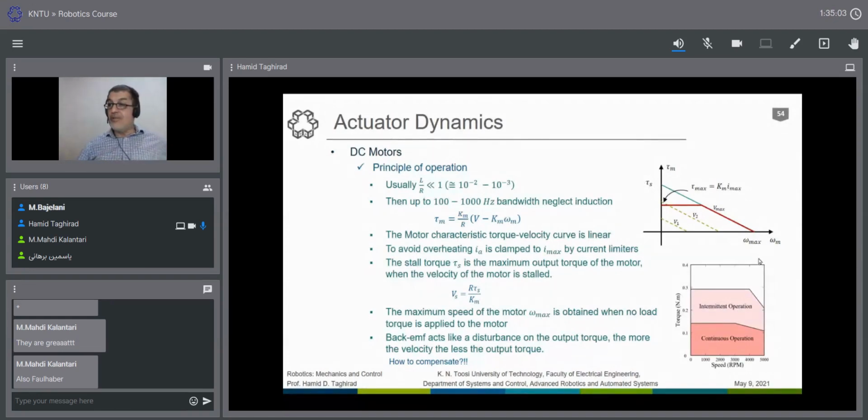Remember that these are the limitations of the velocities and also the torques that we are using in the system. And usually, as you see, the back EMF will reduce the velocity or has a disturbance effect on the system. We can use a feedback control to work with this system.